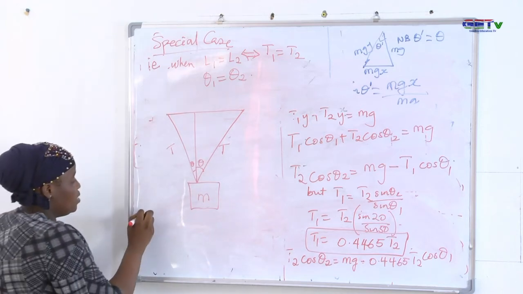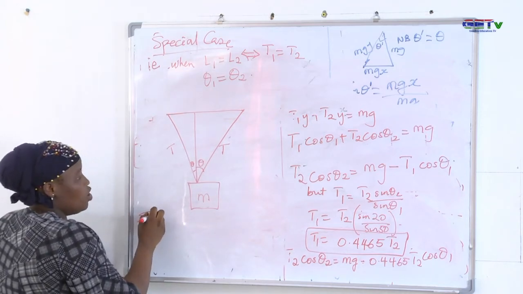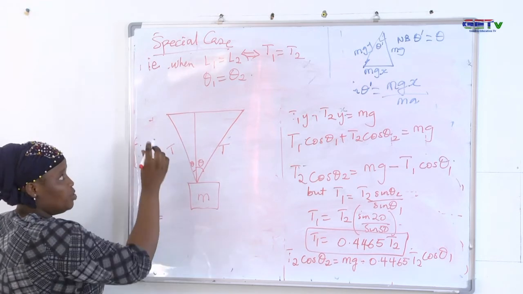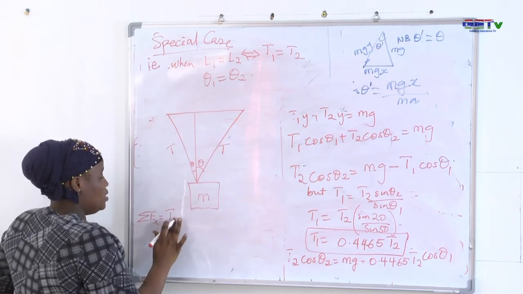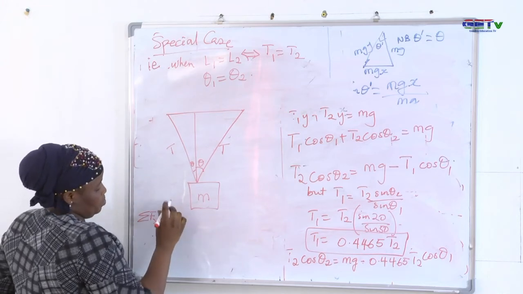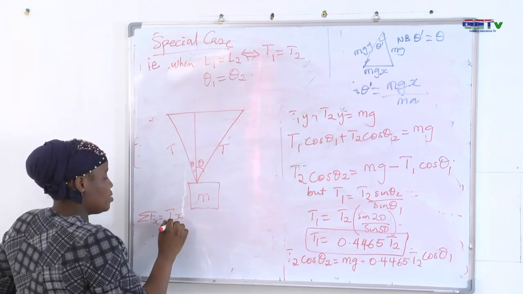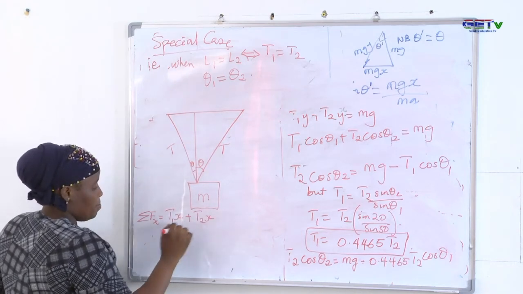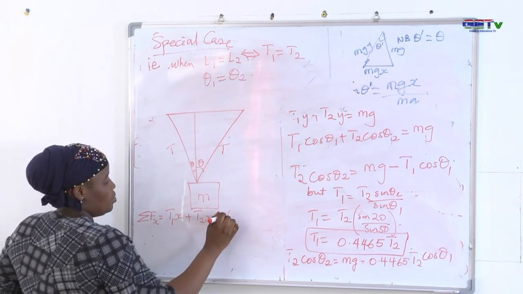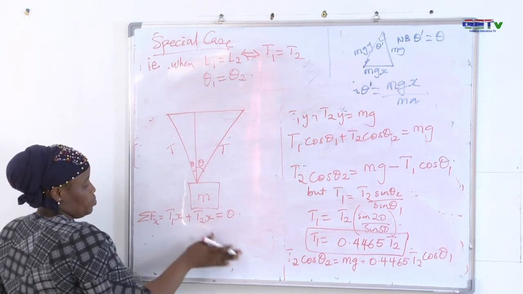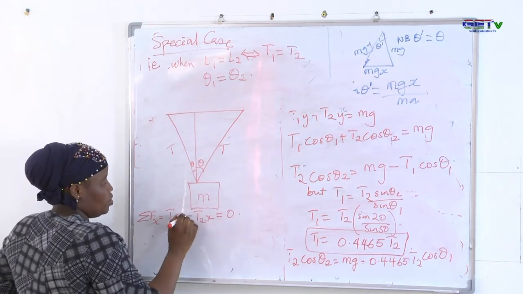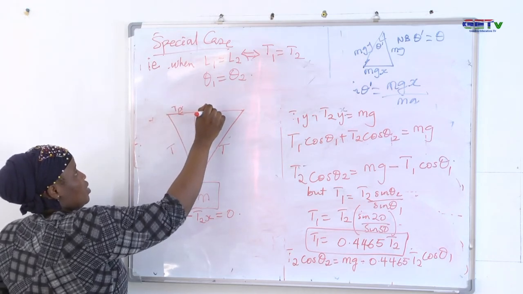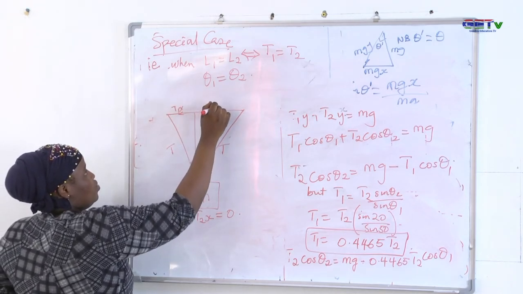You will notice that the sum of forces on the x-axis will be T1 of x plus T2 of x, and this whole thing will be 0. This is T1 of x, this direction, and that direction, T2 of x.